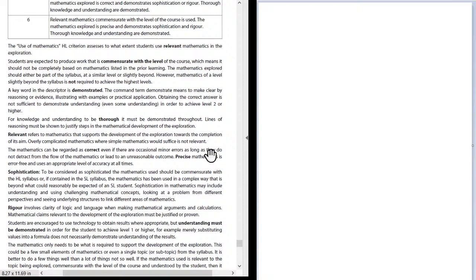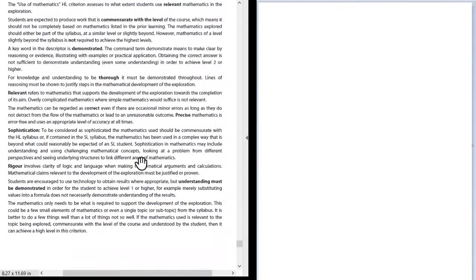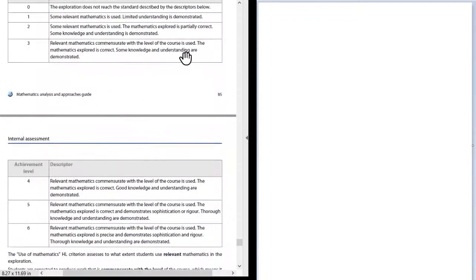It means precise mathematics is error-free and uses an appropriate accuracy at all times. So it means essentially no mistakes. This is the criteria. Now let's look at sample IAs. Give me a second to set that up.